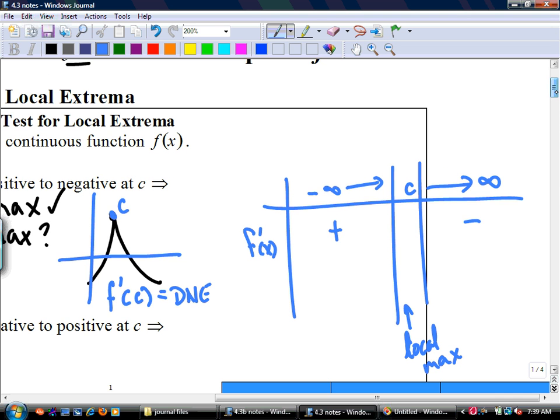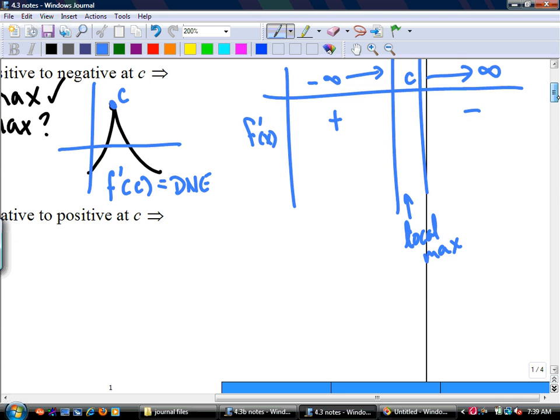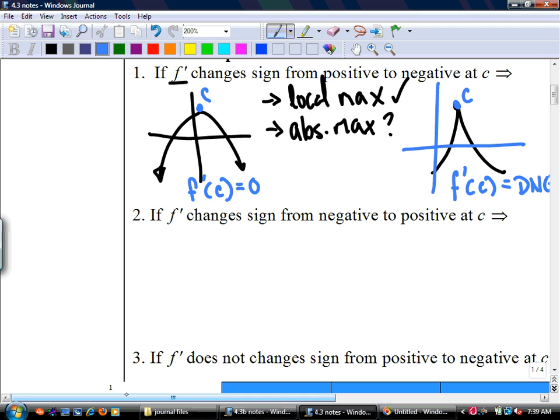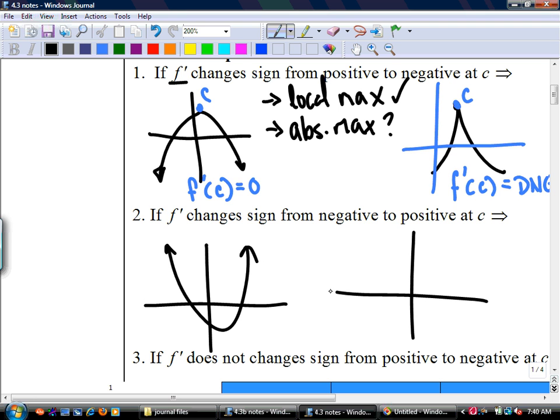Okay. Next one. So we change from negative to positive. The obvious one's that, and then the not so obvious ones are that kind of action.